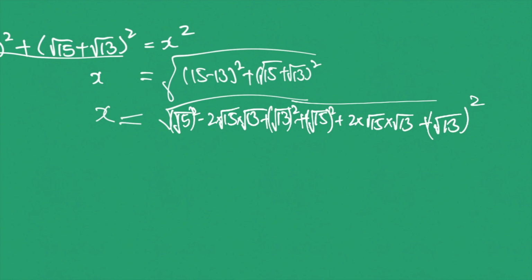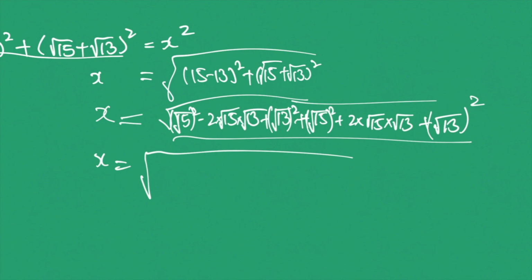And then we need to simplify this huge part. We eventually get 15 minus 2 square root 195 plus 13 plus 15 plus 2 square root 195 plus 13.